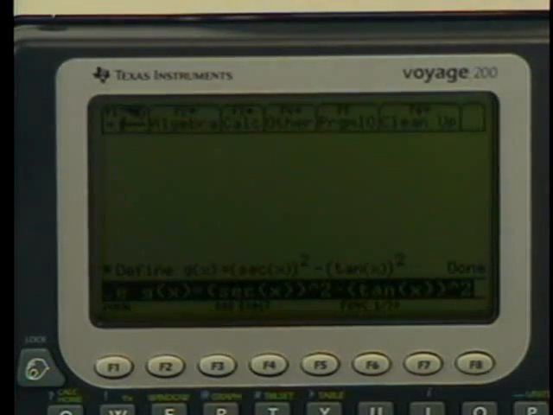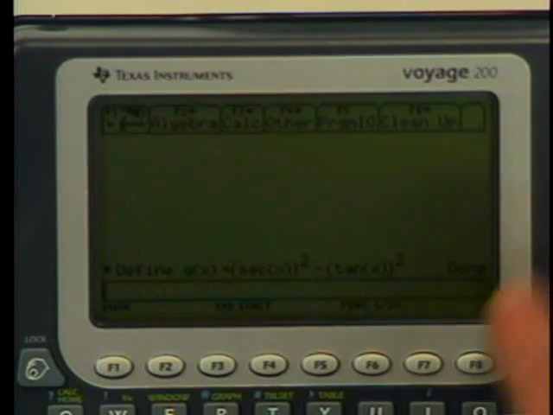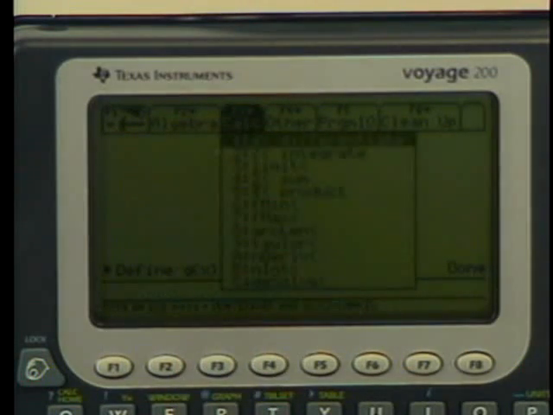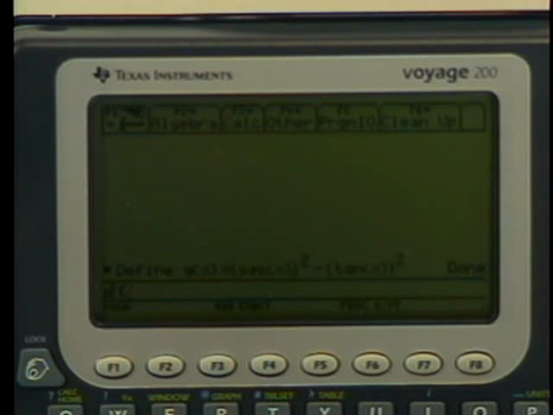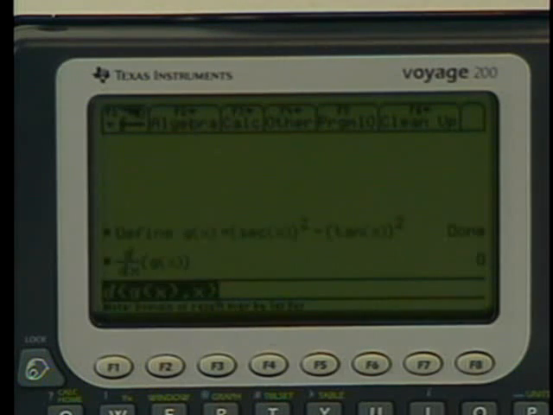And then they wanted the derivative of that. F3 is where all that stuff is according to the instructions. And what do I want to find the derivative of? G of x. And I want to do it with respect to x, right? And the answer it gives me is 0.